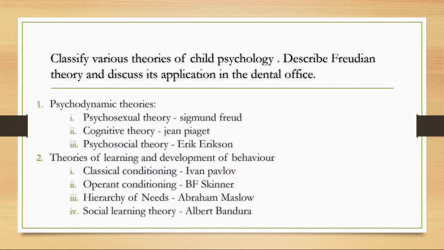In psychodynamic theories, we have psychosexual theory, then cognitive theory, and psychosocial theory. The famous psychosexual theory was given by Sigmund Freud, and cognitive theory by Jean Piaget, psychosocial theory by Erik Erikson, then classical conditioning by Ivan Pavlov, operant conditioning by Skinner, hierarchy of needs by Abraham Maslow, social learning theory by Albert Bandura.